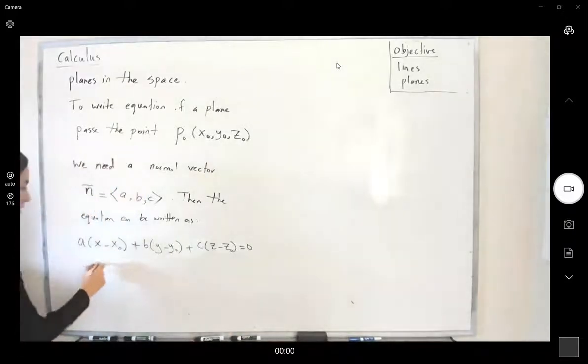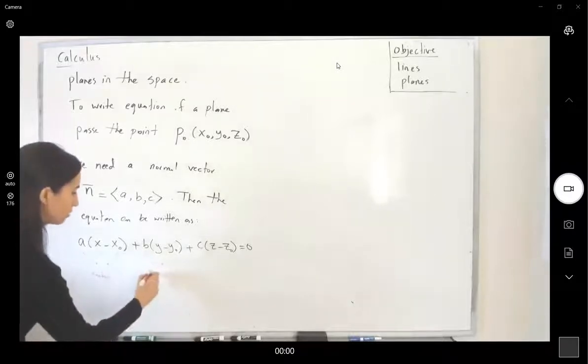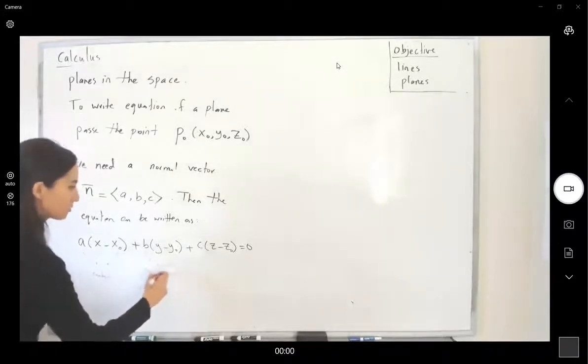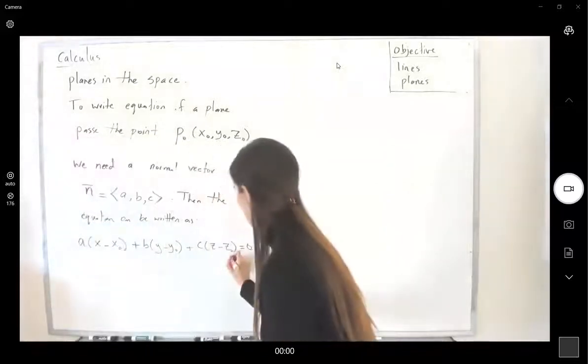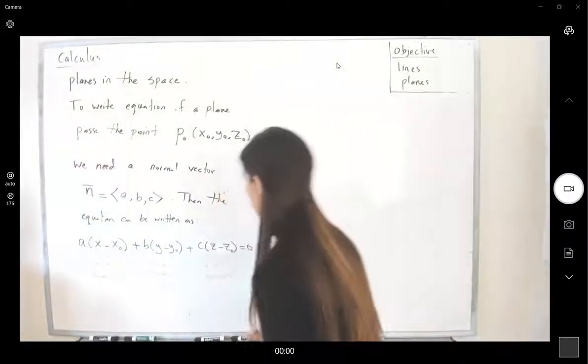A, x sub 0, these are numbers. B, y sub 0, these are numbers. C, z sub 0, these are all numbers.